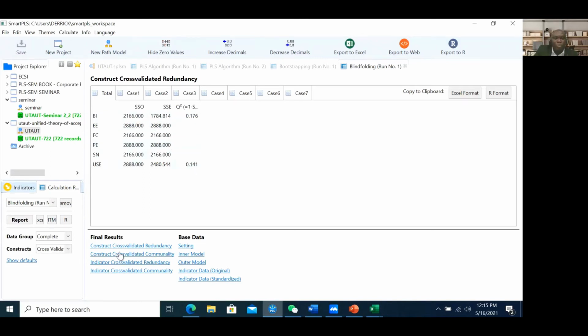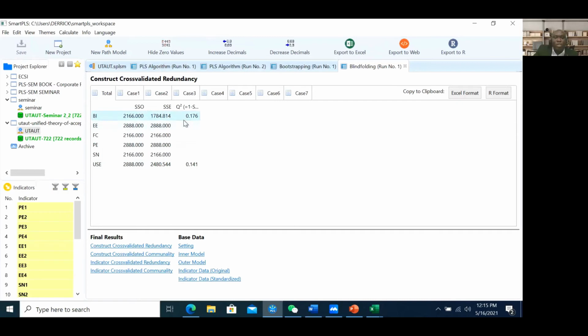Okay, good. So you see BI, R squared, Q squared for BI. You see BI has a Q squared of 0.167, and then USE has a Q squared of 0.17.